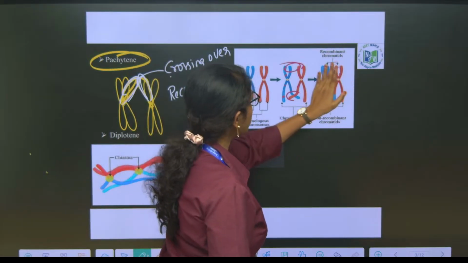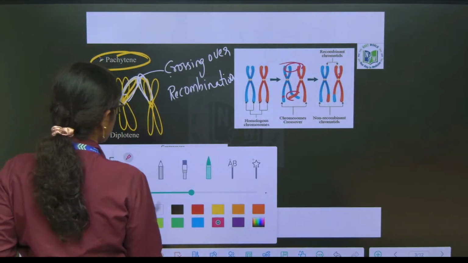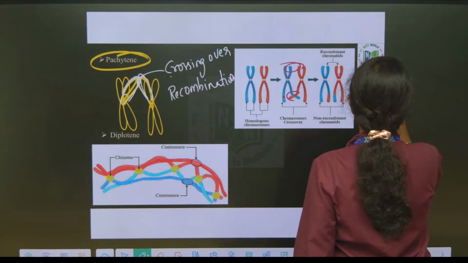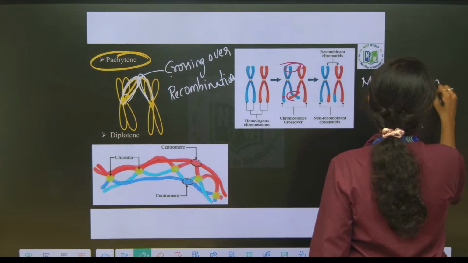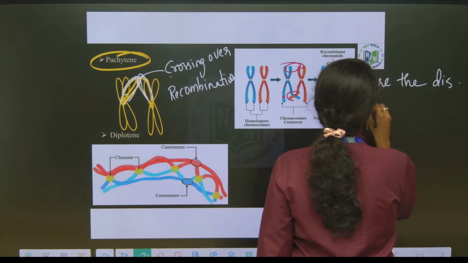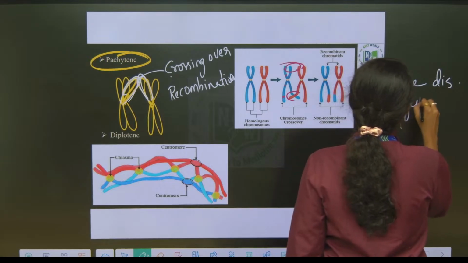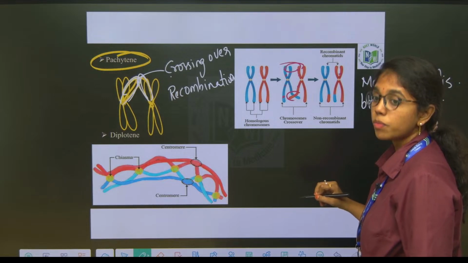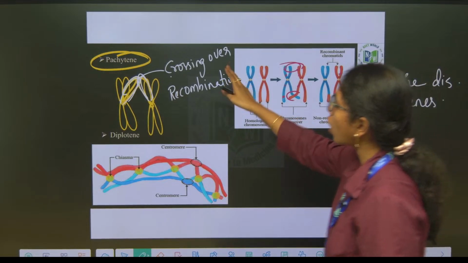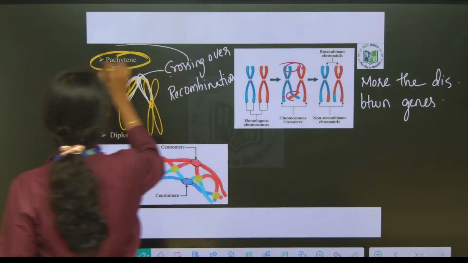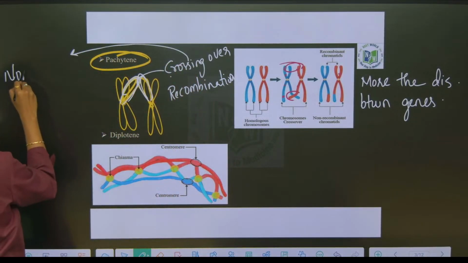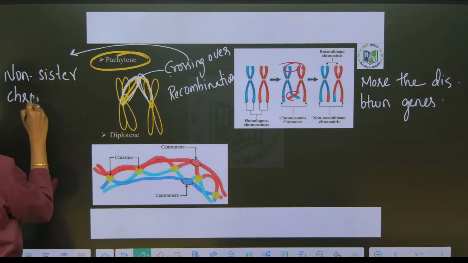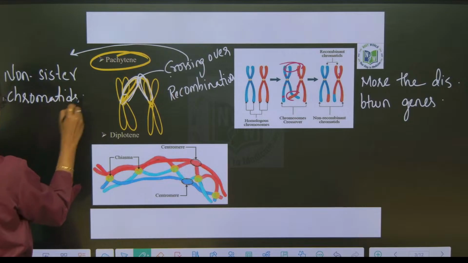So, here you can also take down this point, more the distance between the genes on a chromosome, more the recombination. Crossing over always happens between non-sister chromatids of homologous chromosomes.